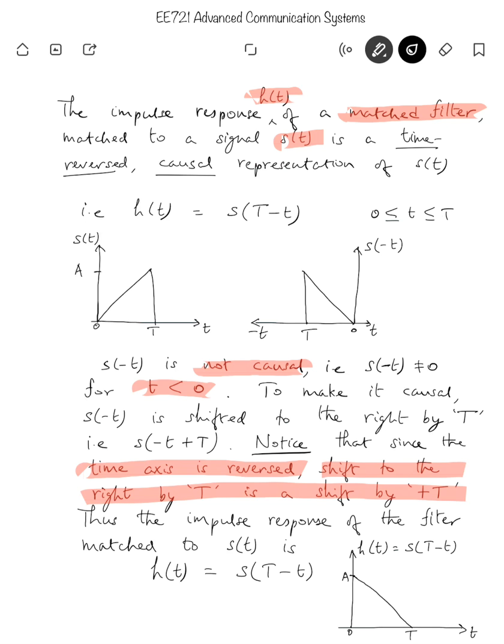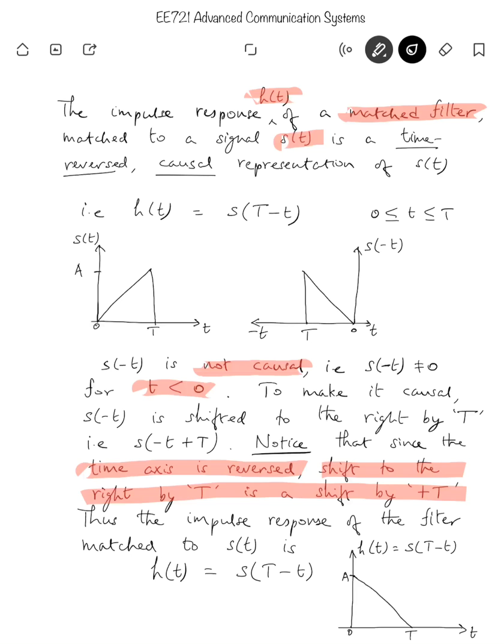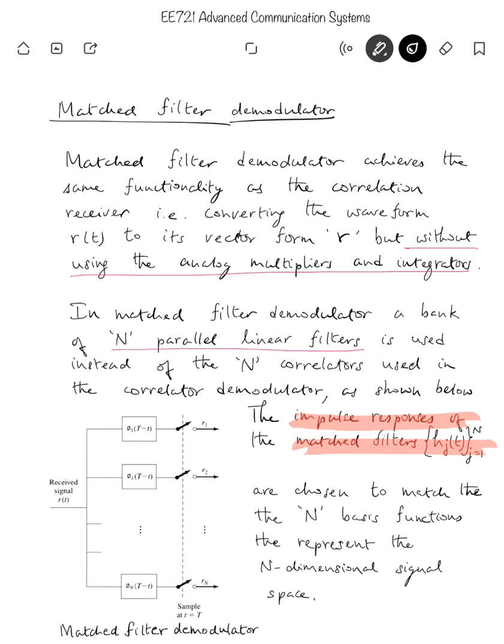Okay, so we now know how to compute the impulse response of a matched filter matched to some signal s of t. Now in our case, for our implementation, we are interested in computing the projections onto the basis functions.